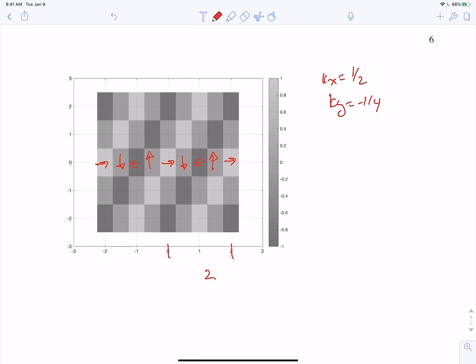Okay. But now the period is 4 here. So this is only half a period, right? So this guy is going to be pointing this way and this way. So they're going to be 180 degrees. And we're going counterclockwise, so it's going to look like that.